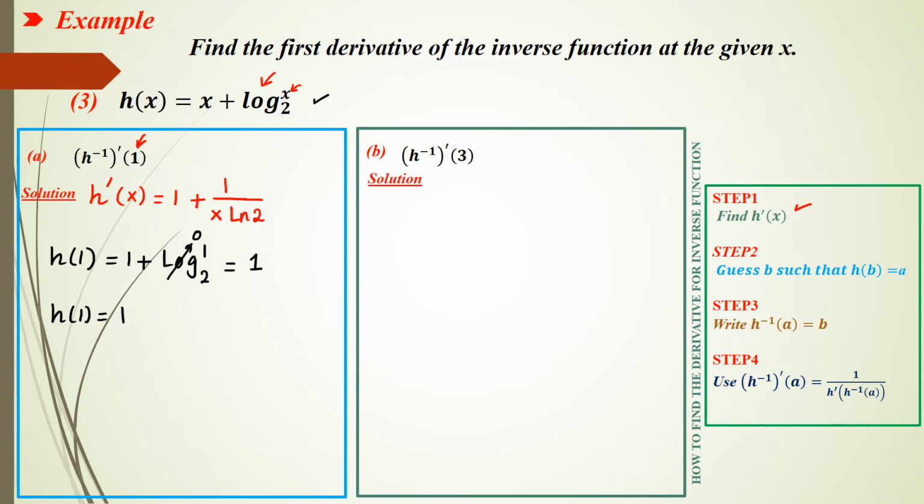Now you have to go to the next step, and rewrite this statement in terms of the inverse function h inverse. So we can rewrite it as h inverse of 1 equals 1.